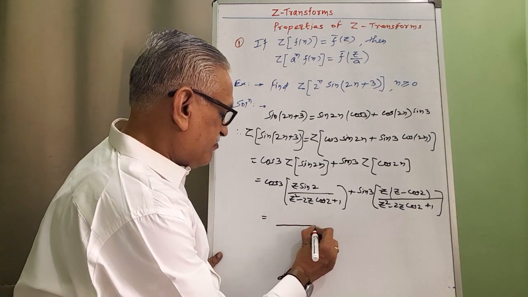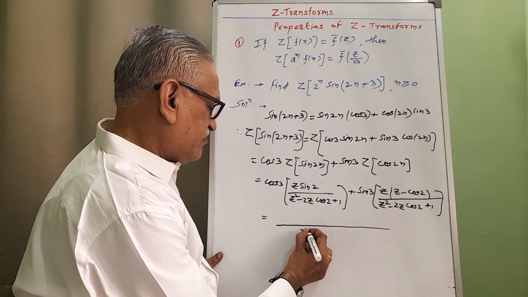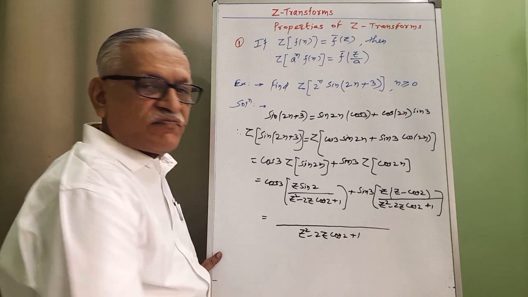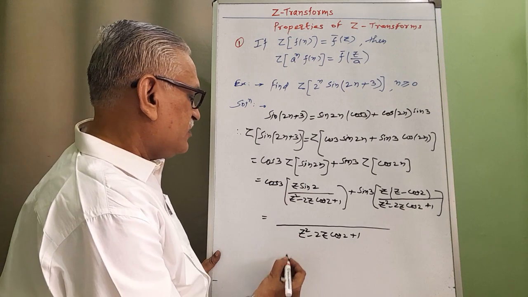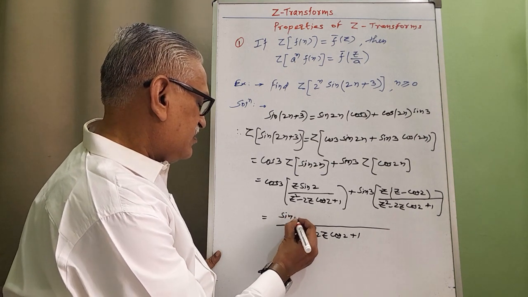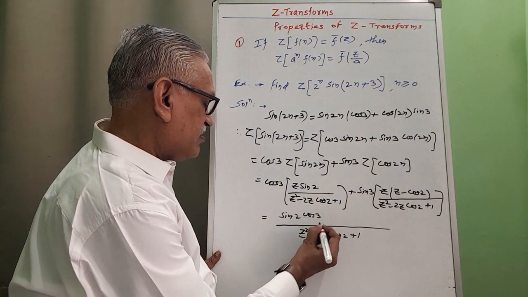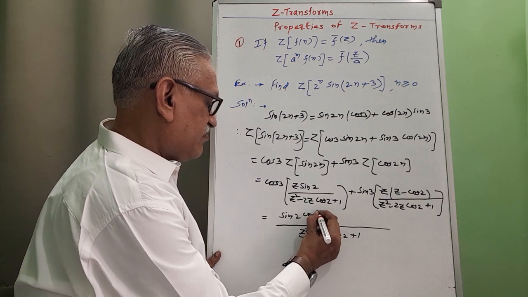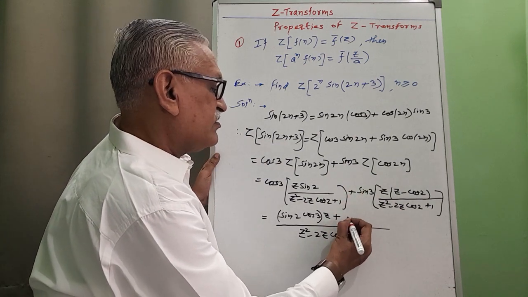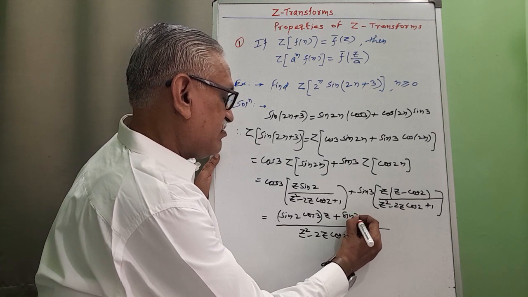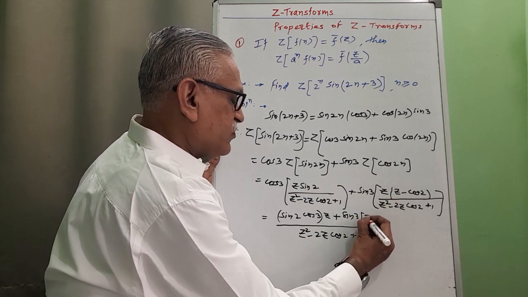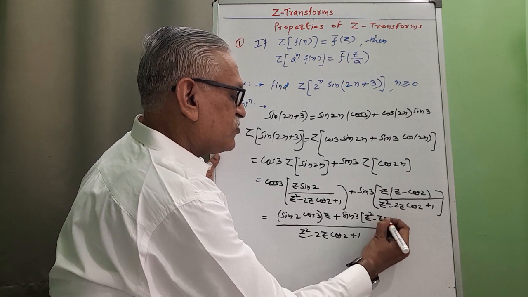Taking LCM as z square minus 2z cos 2 plus 1, and adding numerator terms, we get sin 2 into cos 3 into z plus sin 3 multiplied by z into z, it becomes z square minus z cos 2.